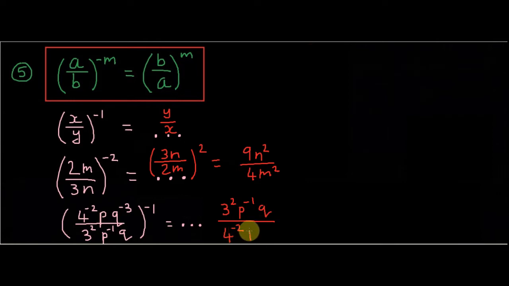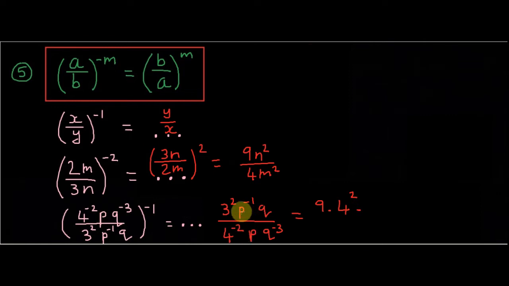Of course, this now becomes to the power of plus 1. Now we can use our previous rules of exponents. So 3 squared is 9. I'm also going to bring the 4 to the negative 2 to the top as 4 squared.